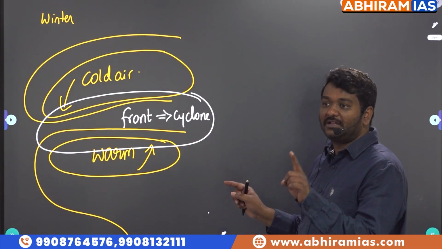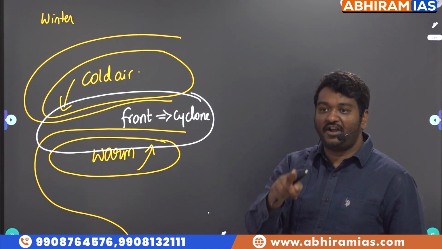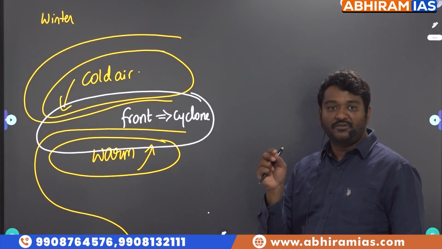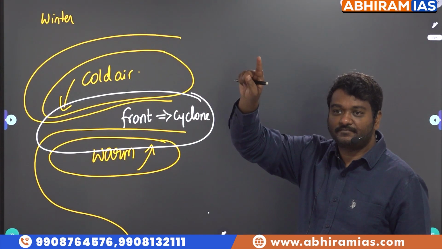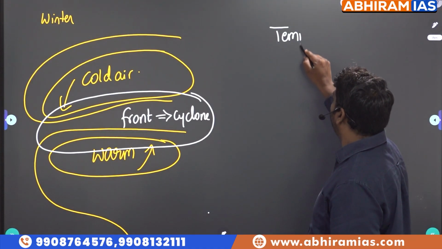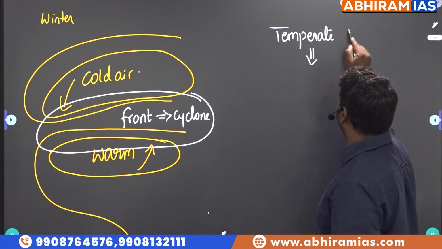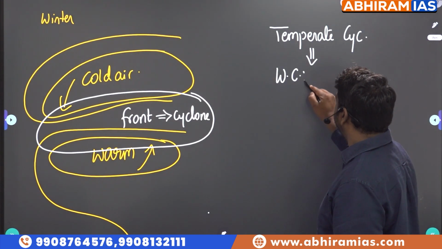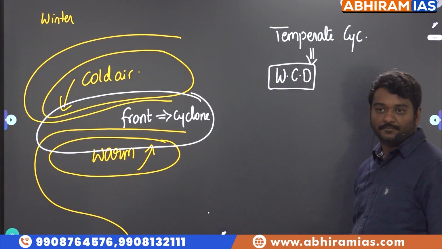Tropical cyclones give rainfall in east coast of India and west coast of India. Whereas temperate cyclones give rainfall in Himalayas and northwestern India. Okay. So you can write this. Temperate cyclones in India is called western cyclonic disturbances. This word is important.